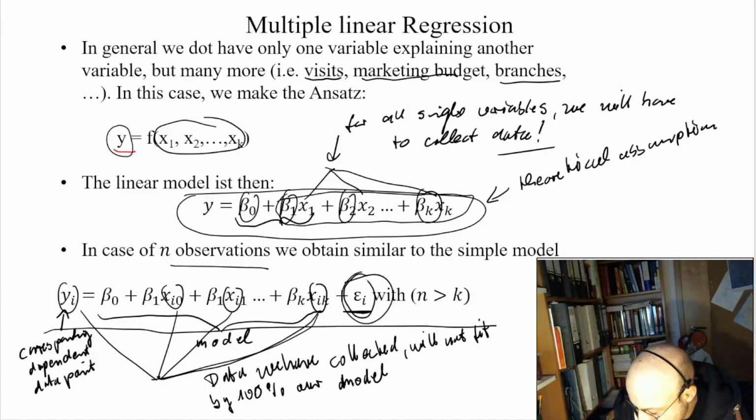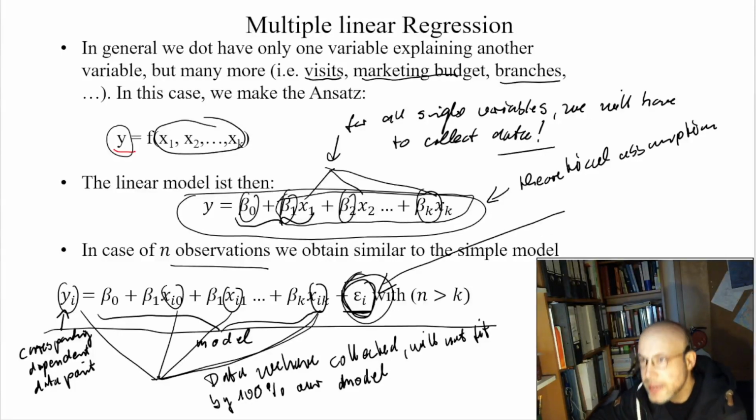So we have some discrepancy, and this discrepancy is aggregated in our errors.